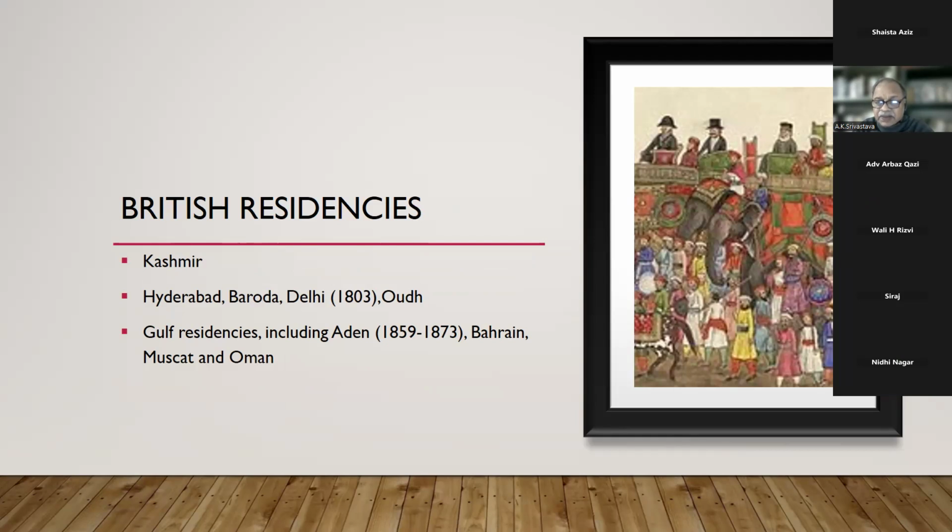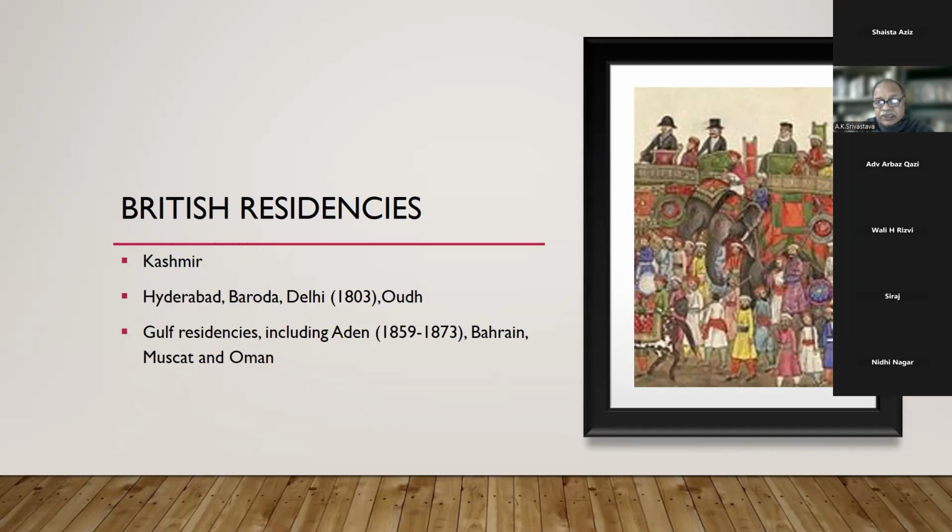He is assisted by the resident and assistant resident of Delhi. So Delhi also had a residency from 1803. And this is a painting of a Julus of Eid al-Fitr. In the Eid al-Fitr Julus, the resident and assistant resident are escorting Bahadur Shah Zafar in the procession.